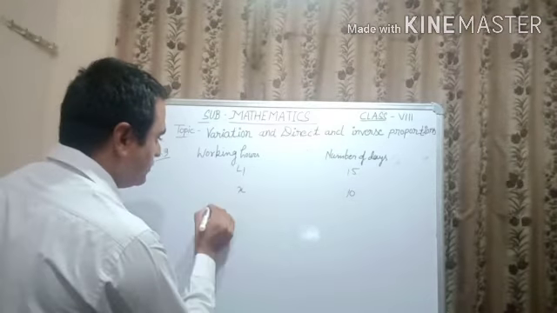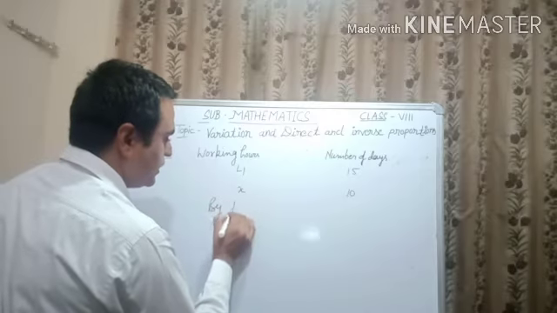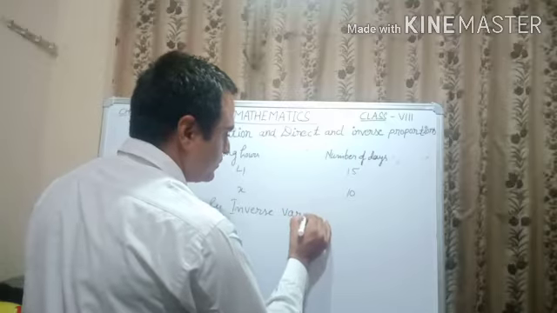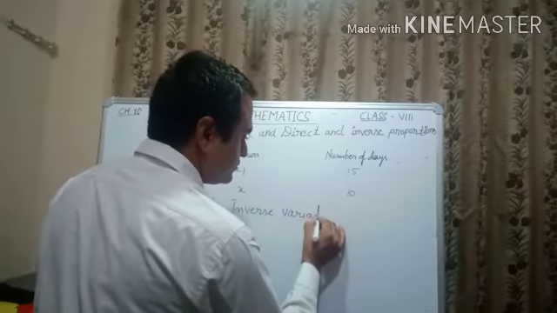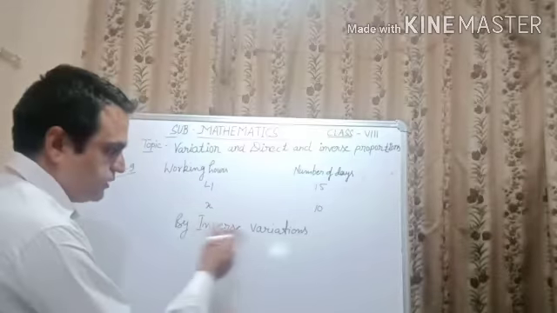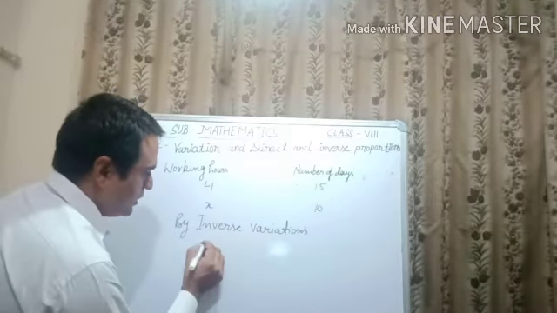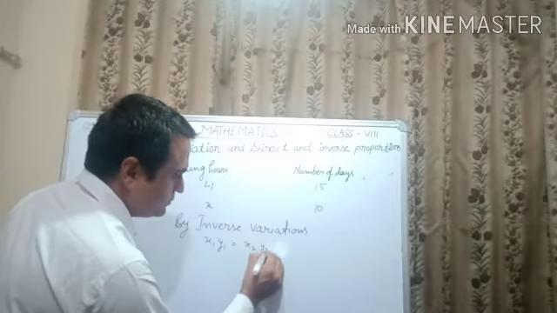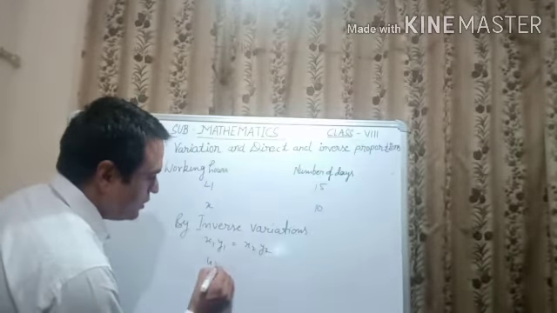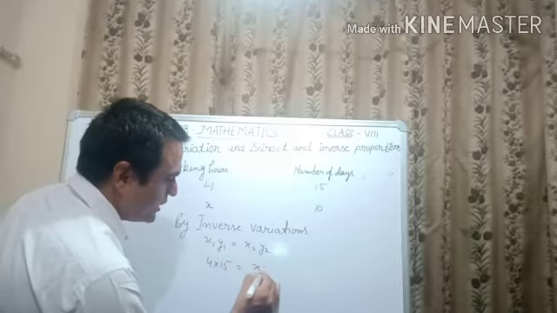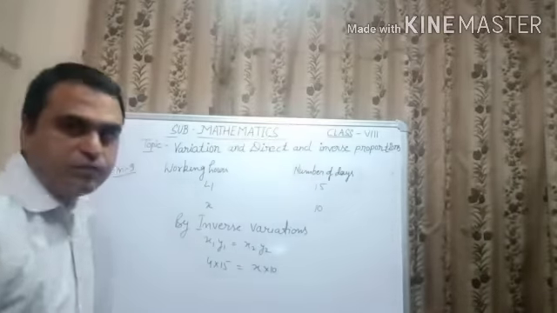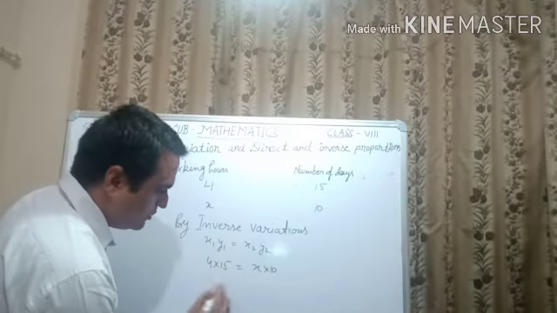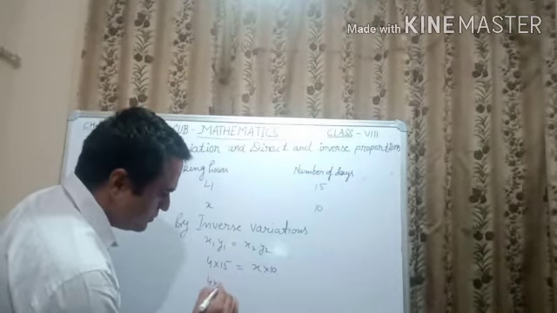Now by inverse proportion or variation, you can use the same words, by inverse variation we use the formula x1 y1 equals x2 y2. The value is 4 into 15 equals x multiplied by 10. Now we have to find the value of x. Now you write 10 in the denominator of these two values.